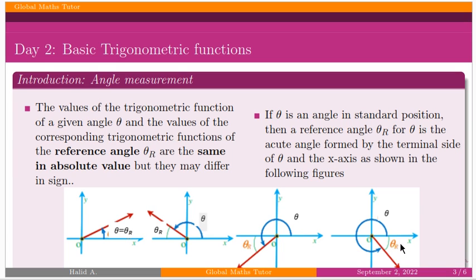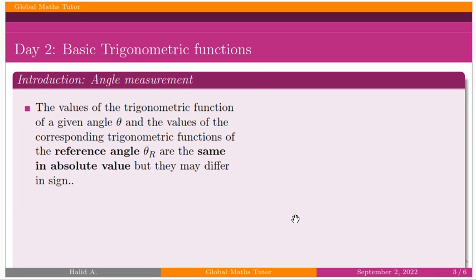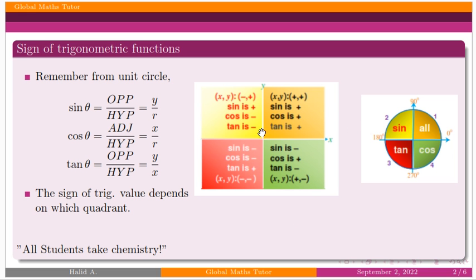So after knowing this reference angle, since it is an acute angle, it's so simple to find its trig value. The absolute value of the trig function for the reference angle and for theta is the same, but their signs may be different. The sign we can find using the rule above.